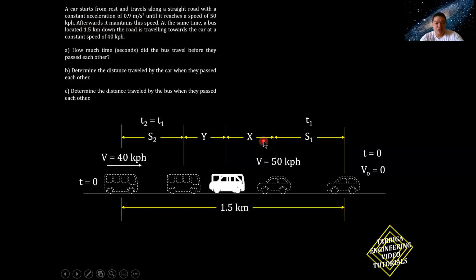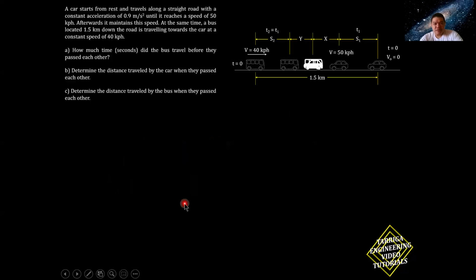So X is now at constant speed. For Y, no problem since the bus is at constant speed from the start. The time here is also equal for X and Y, but the distances are not the same. So basically this would be our basis for creating the relationship later, when we solve.